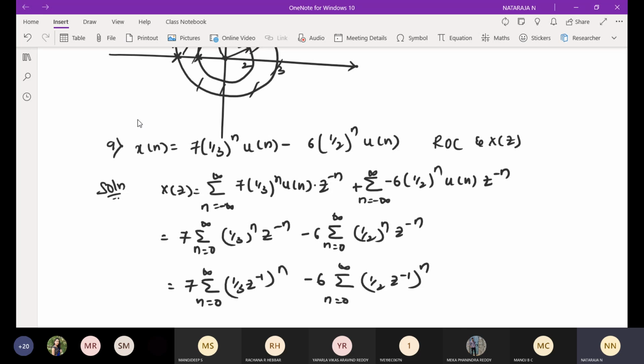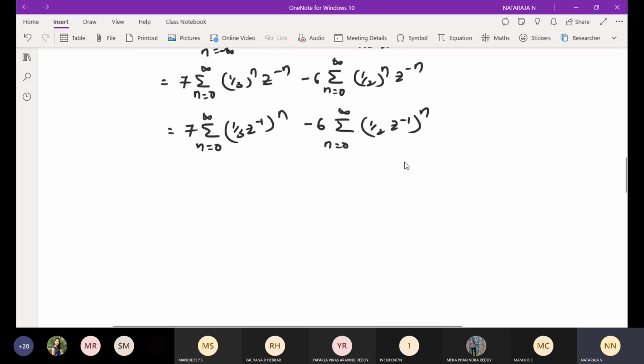We have the standard equation 1 by 1 minus a, so we make it in this form. I will get 7 by 1 minus (1/3) z inverse, minus 6 divided by 1 minus (1/2) z inverse.